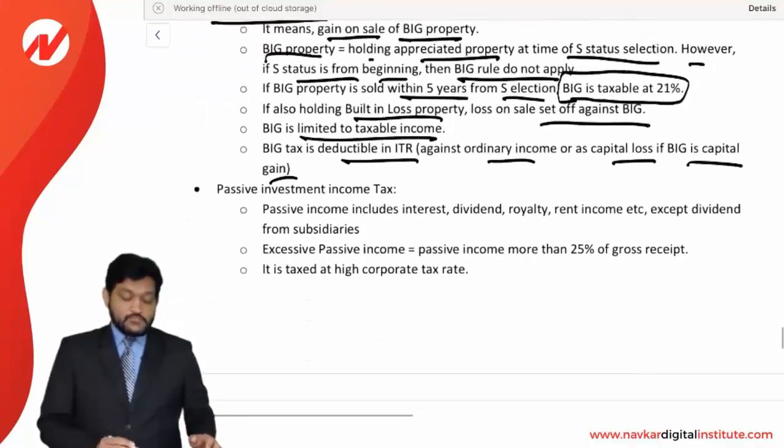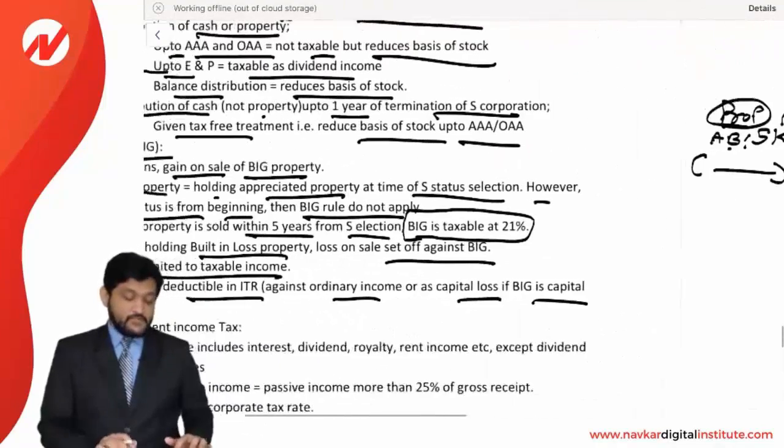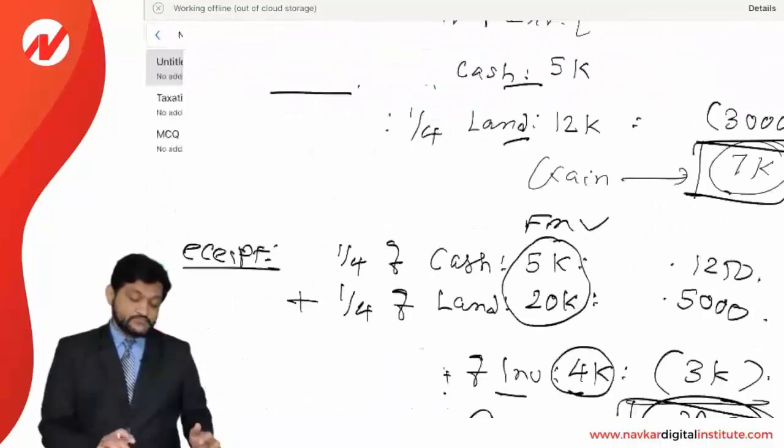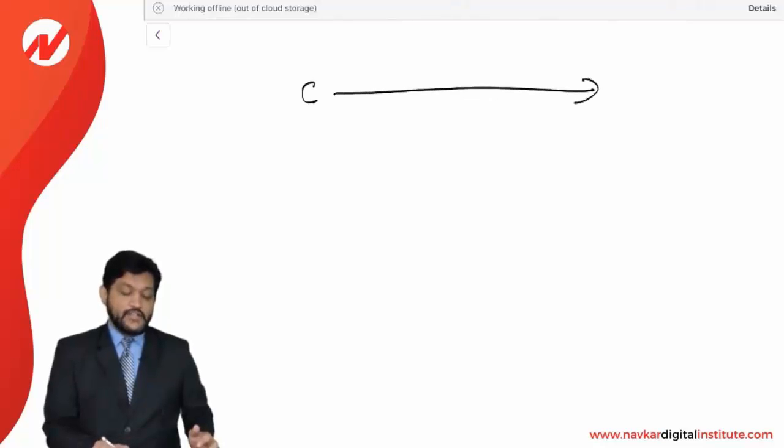Okay, let me give you a small example to understand this. For example, a C corporation moved to S status. At the time there was a property A whose adjusted basis was 5,000 and FMV was 8,000.